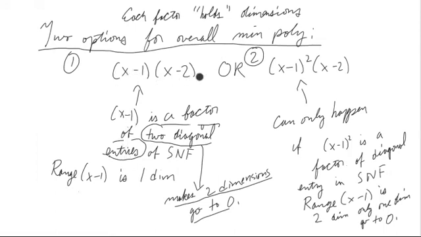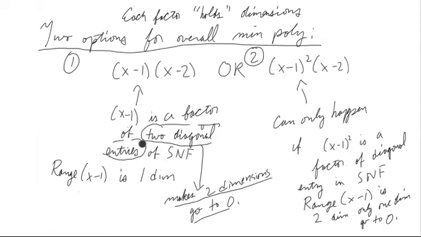So in this particular case, if this was the minimal polynomial, since we have to get a determinant that looks like this one right here, that means that x minus 1 must be a factor of two different diagonal entries, especially if we're finding a least common multiple.